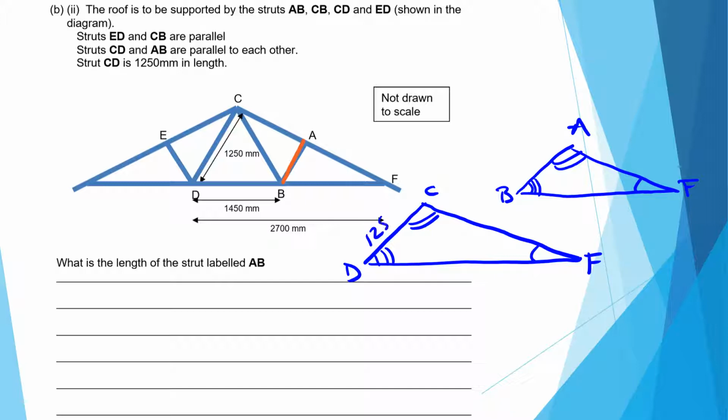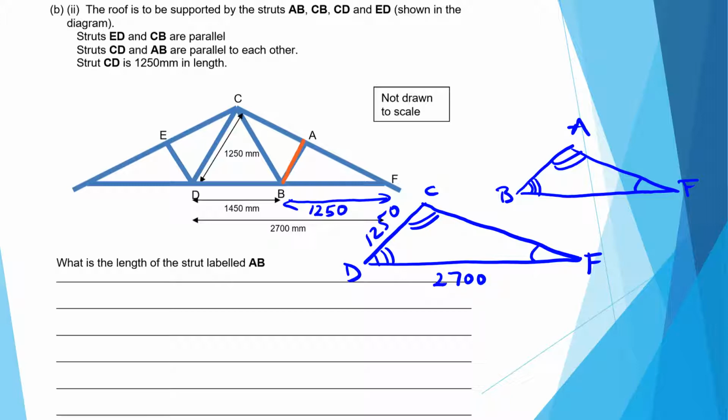We know that this length is 1250. We know that this length is 2700. If we subtract the 1450 from the 2700, we would realize that this side here is 1250.